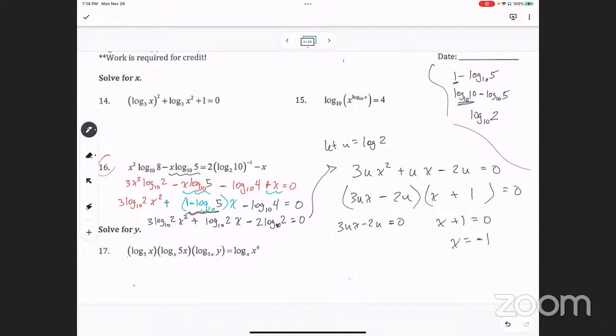Or I'm just going to solve it for x. Or I have x equals 2u over 3u. Oh, wow. And look what's going to happen. The u's are going to cancel, which is just 2/3. So my answers are either 2/3 or negative 1. So that worked.